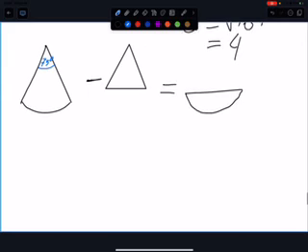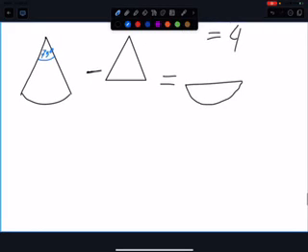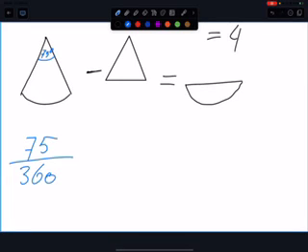What is the area of a sector? You take that 75 divided by that 360 multiplied by pi multiplied by radius squared, which is 5. If you've done this correctly, your answer should be around 16.36.